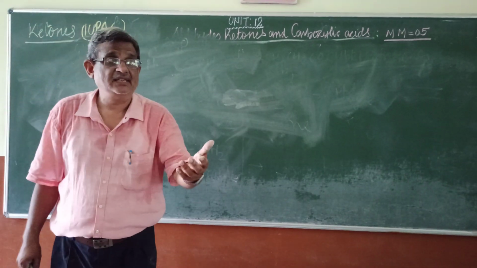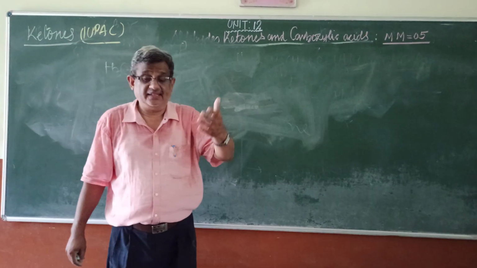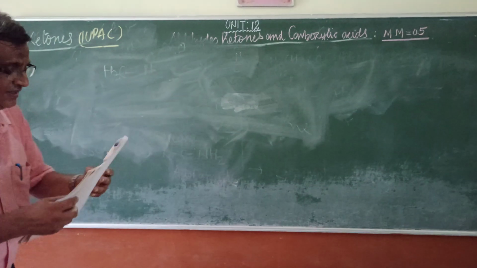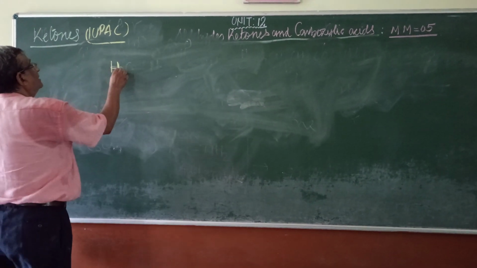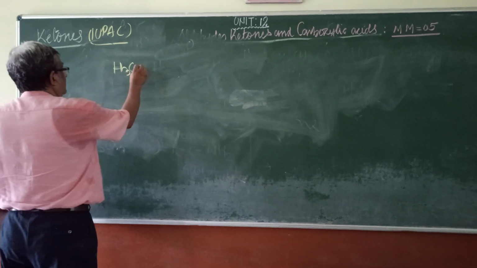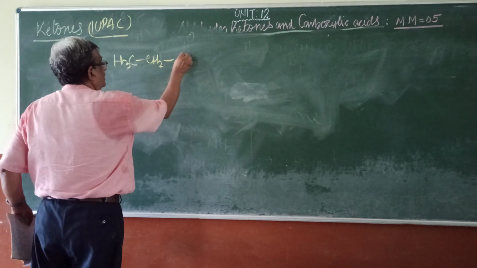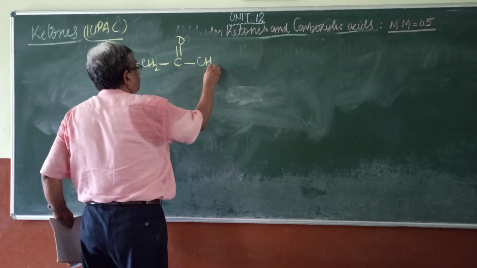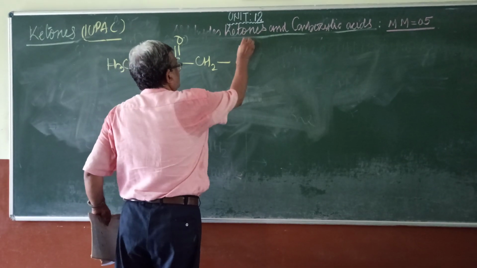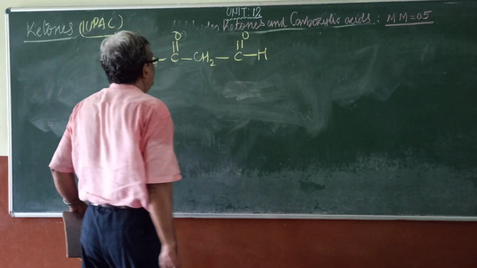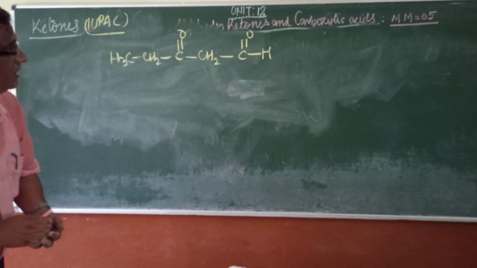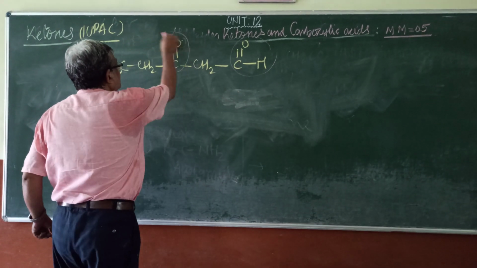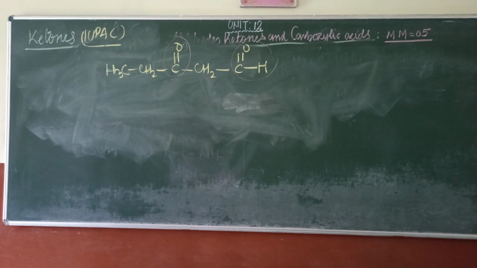Many times one mark questions on structures have been asked in the board. I'll give you one example. Here, I write CH3, CH2, C double bond O, CH2, and this is CHO. Now see here, very carefully. This is your aldehydic group and this is your ketonic group.